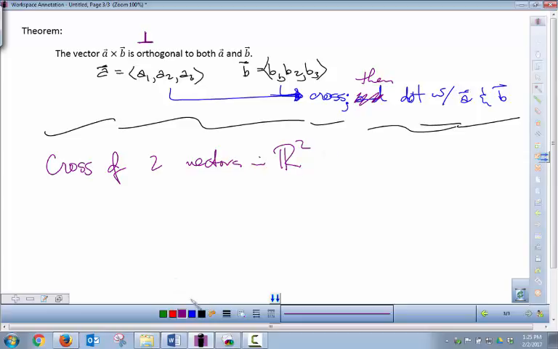So let's take a look at some arbitrary vectors in R2. Let's call them A1, A2, and then B, B1 and B2. Because of the formula, we're necessarily having to look at this in 3 dimensions. So to force the issue, we simply insert some zeros for the z component.